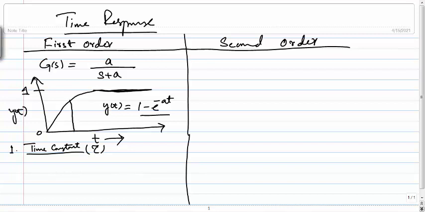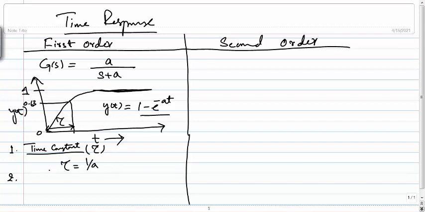So if we mark here, assume that this is 0.63, this time is known as time constant and represented by tau. Now this time constant is actually equal to the reciprocal of the pole location.